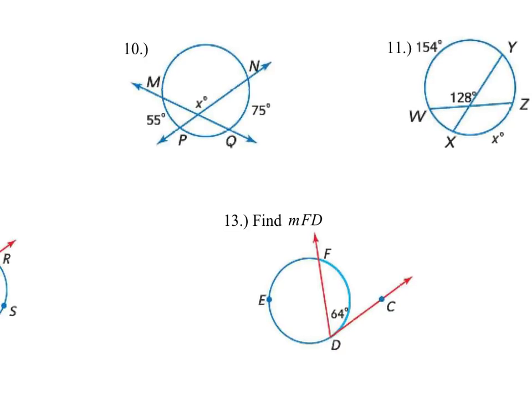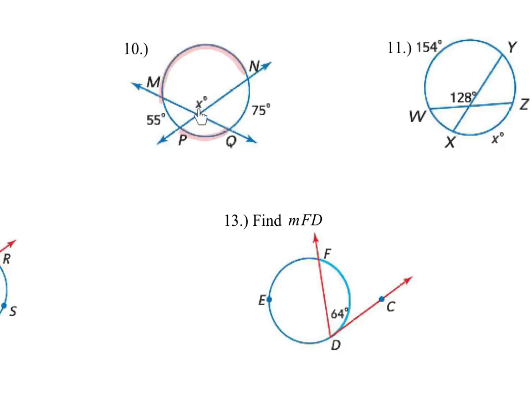So we're asked to find angle x, so what we need to do is take the sum of the two intercepted arcs. Now the two arcs I'm talking about are the arc that the angle with x degrees intercepts, and the arc that its vertical angle intercepts.